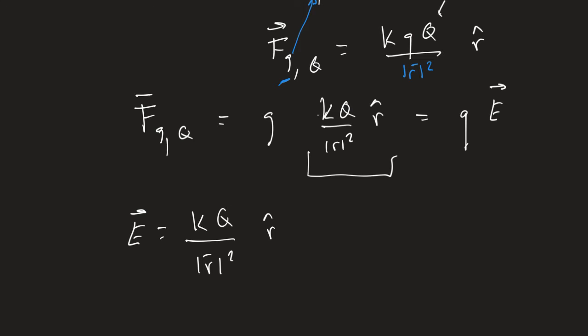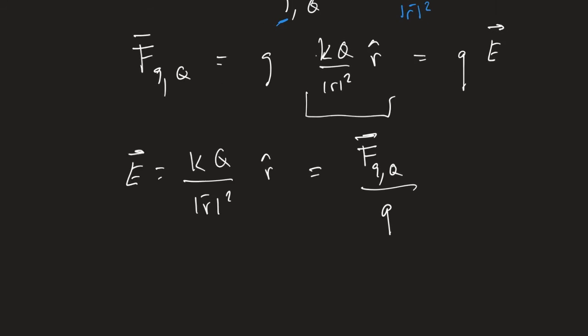What we are doing exactly is taking the force acting on q due to capital Q and dividing by little q. We are taking the force acting per unit of charge at the position P, where we are going to see the electrical field.